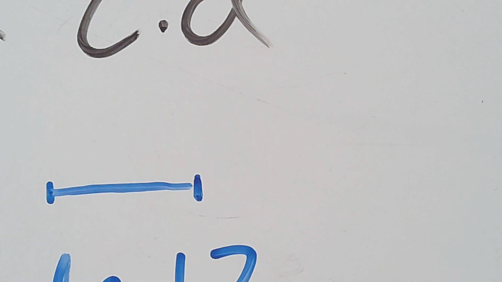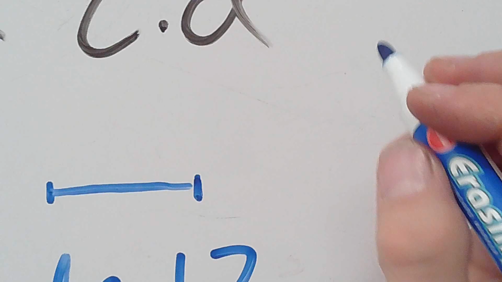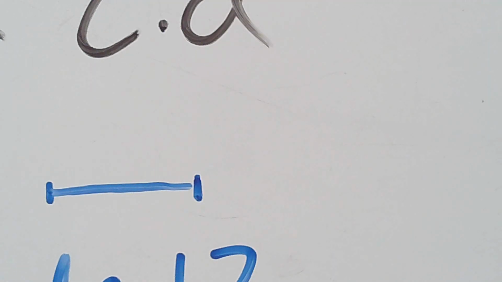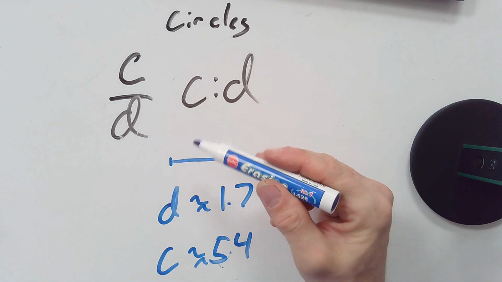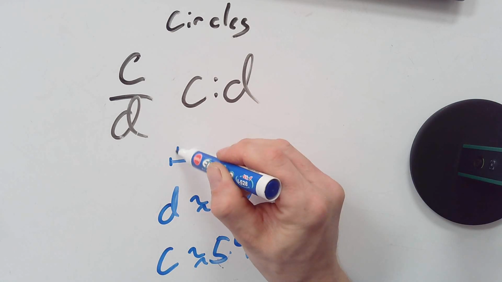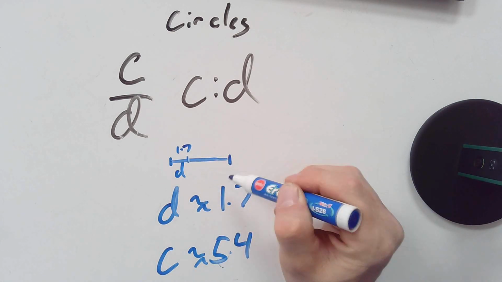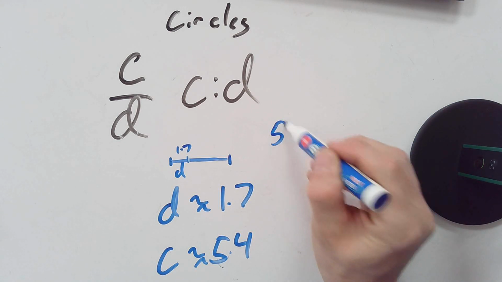It was 5.4, right? Double check that. Yeah, 5.4. Right, so the ratio of the circumference to the diameter: the diameter was 1.7, and the circumference on my circle was 5.4.